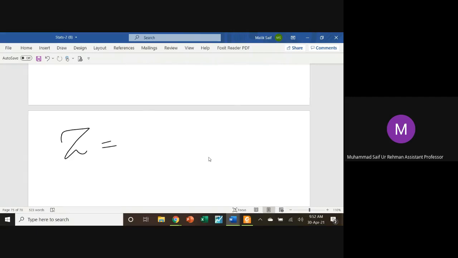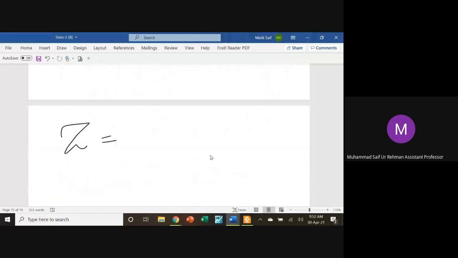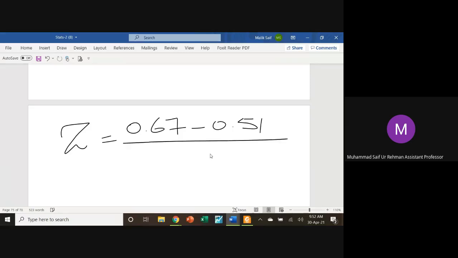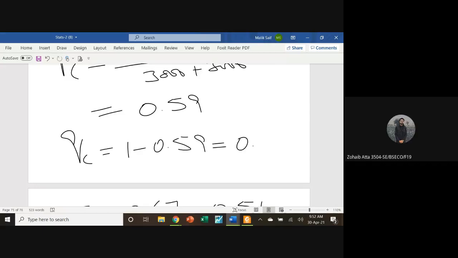So what is P1? 0.67 minus 0.51, divided by PC QC. QC you can find out: 1 minus 0.59. See the answer for this. What is QC? 0.41 is your QC.